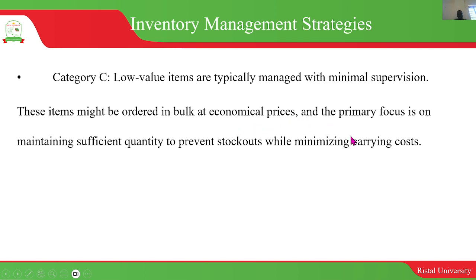We could even order them once in larger quantities as long as it is within our usage limits. There's no problem with it. The primary focus is maintaining sufficient quantity to prevent stock outs while also minimizing carrying costs.